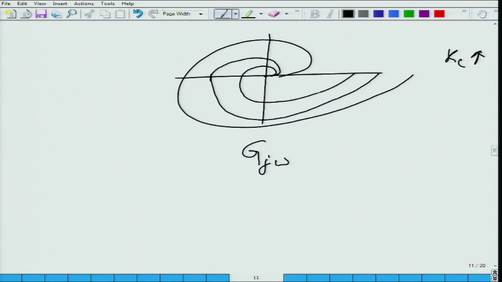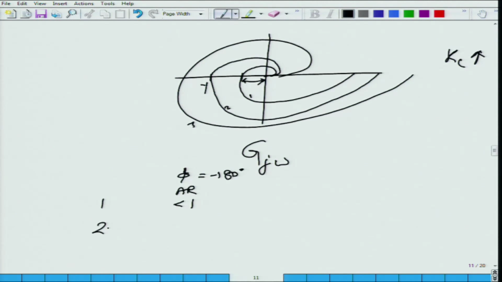This corresponds to when the angle is minus 180, the amplitude ratio is less than 1. This is the first curve, second curve, third curve. For the first curve, when the angle is minus 180 degrees, the amplitude ratio is less than 1.